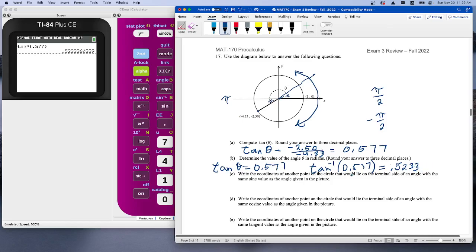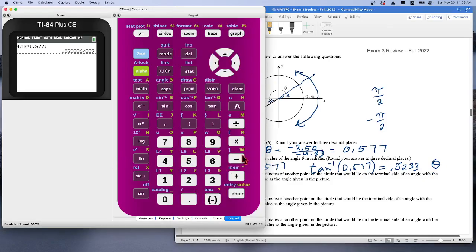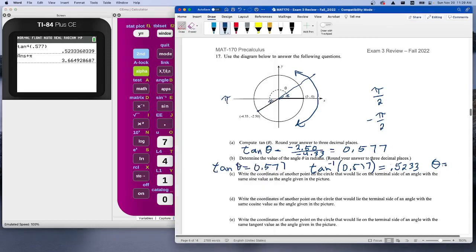Okay, so theta, and over here we'll just add pi. So that's going to be 3.665, rounding to 3 decimal places, radians, which matches our answer.